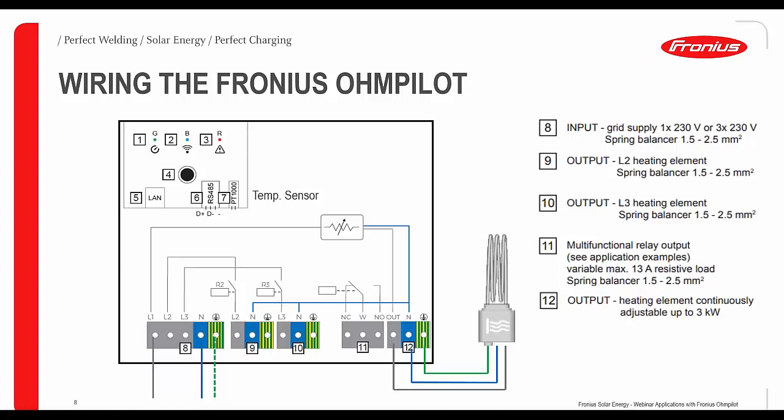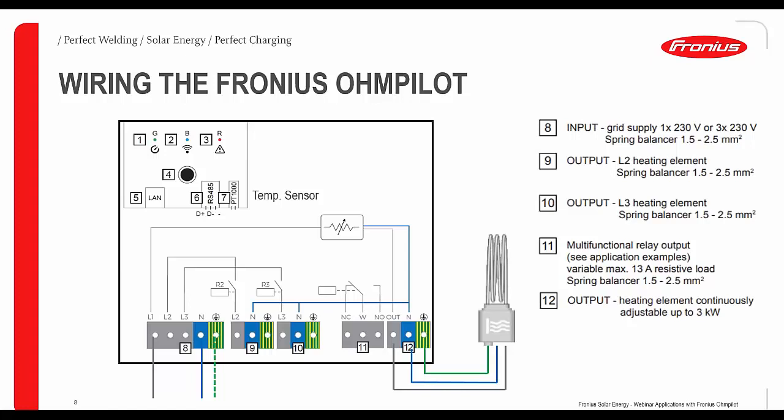We also have on point 11 the multifunctional relay output. We will talk about this in more detail in the later slides. But basically, we can connect a smart grid ready device, like a heat pump or air conditioning, for example.